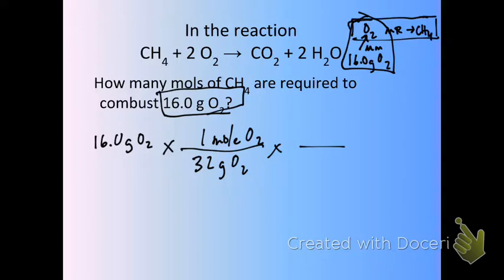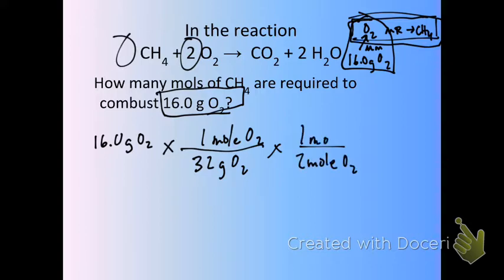All right, now we're in the box, right? And so we now know for every 2 moles of O2, I have 1 mole of CH4. So I'm going to take 16 divided by 32 and then divide that by another 2. That's 0.25. I need 3 sig figs, so 0.250 moles of CH4.